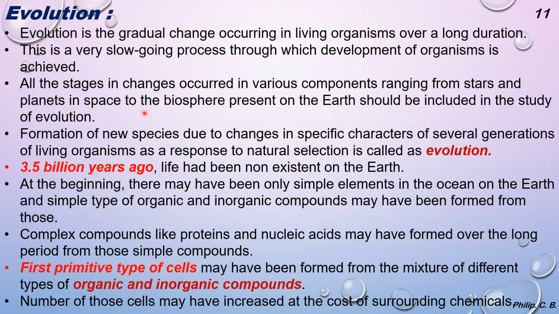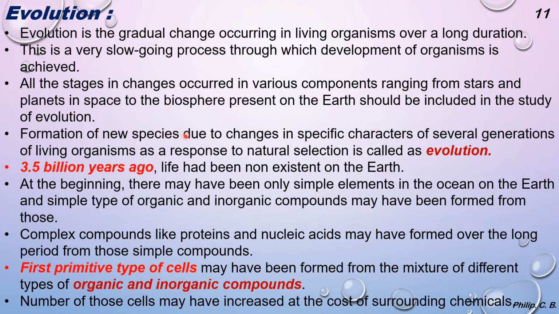Biosphere, sphere, we can say the earth, the environment. Bio, life, the life present in the earth, right? So the biosphere present in the earth, anything and everything present, right from the living organism, it can be plant, animal, microbes, or including the stars, planets, can come under the study of evolution.